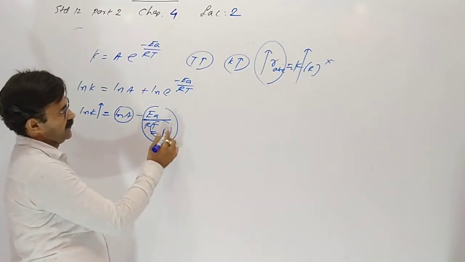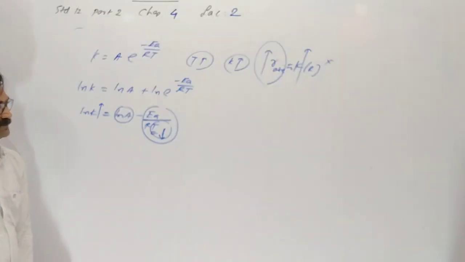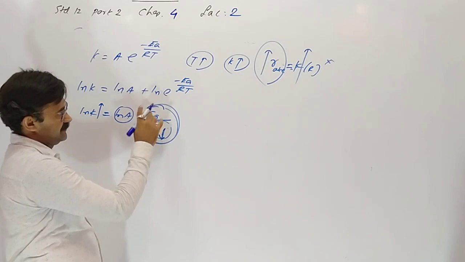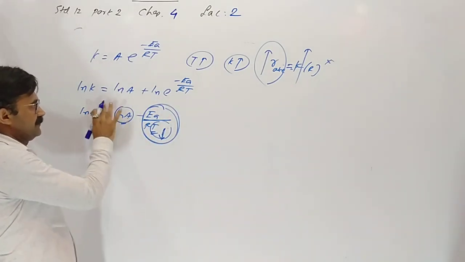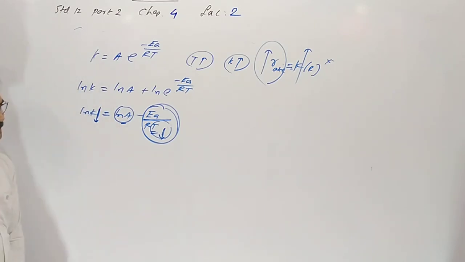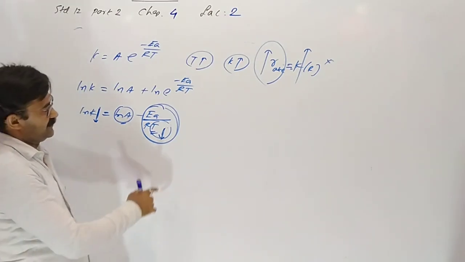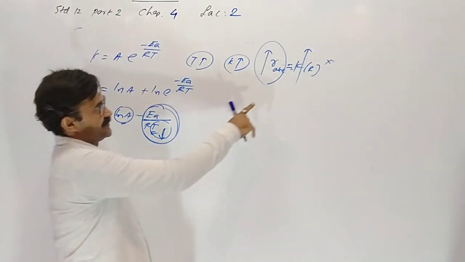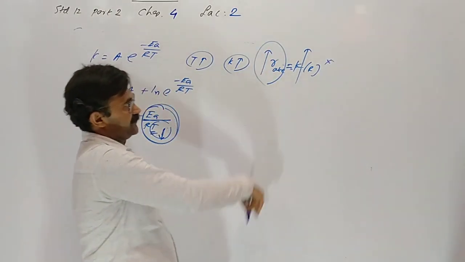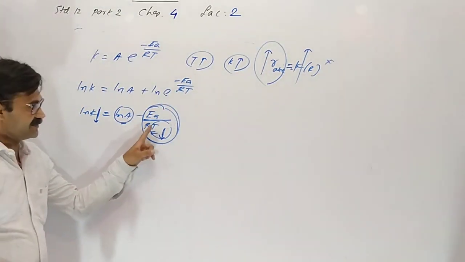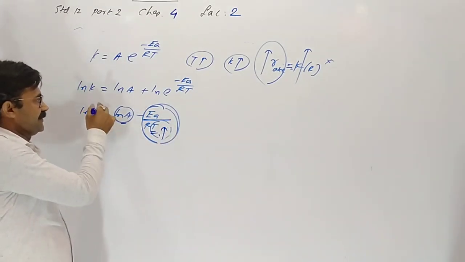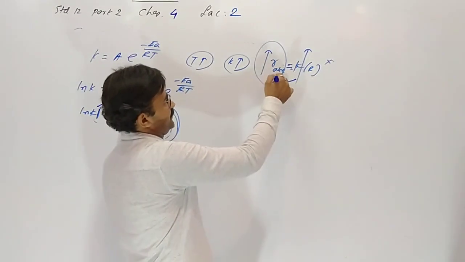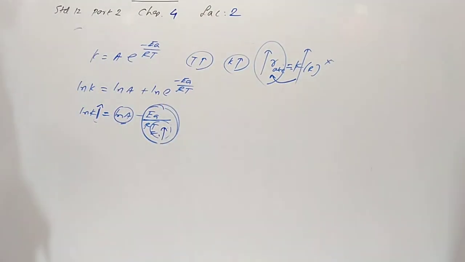If the temperature is low, then this value is high, and the higher value is subtracted from ln A, so K will be less. When we decrease the temperature, K decreases and the rate of reaction decreases. When we increase the temperature, K increases, meaning the rate of reaction increases.